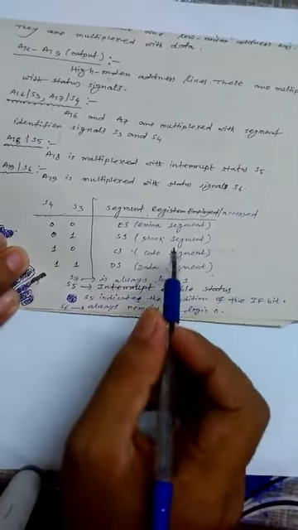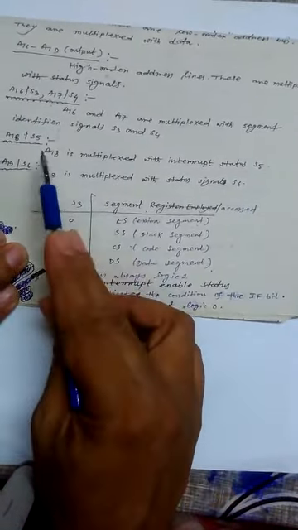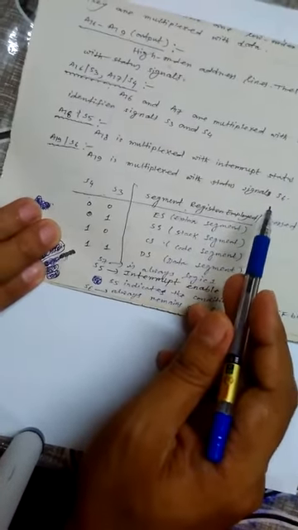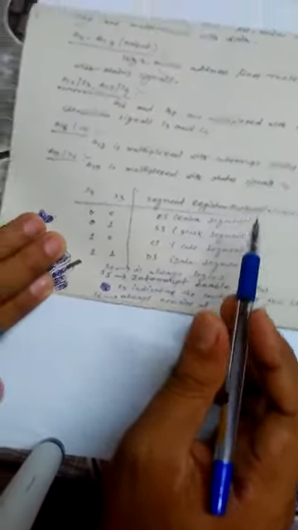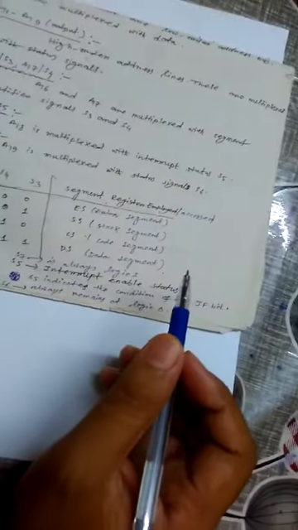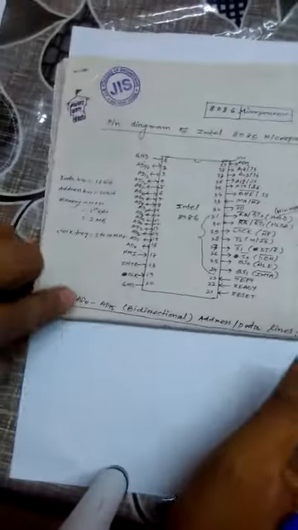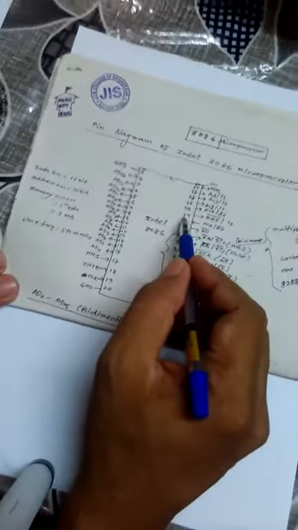S5 indicates the interrupt status, S6 is always logic 0 and S7 is always logic 1.